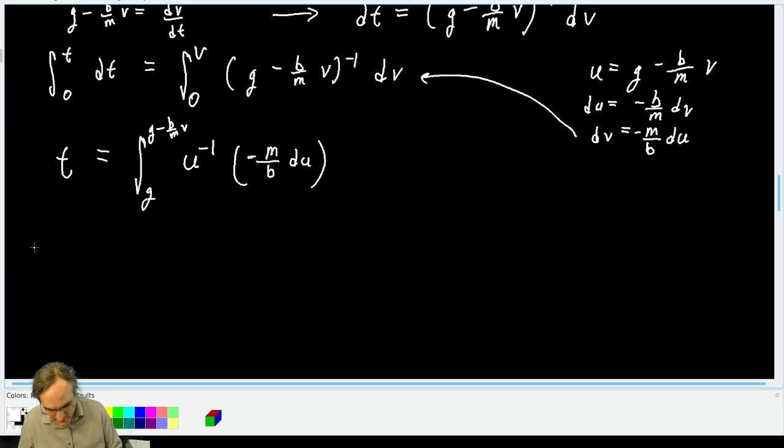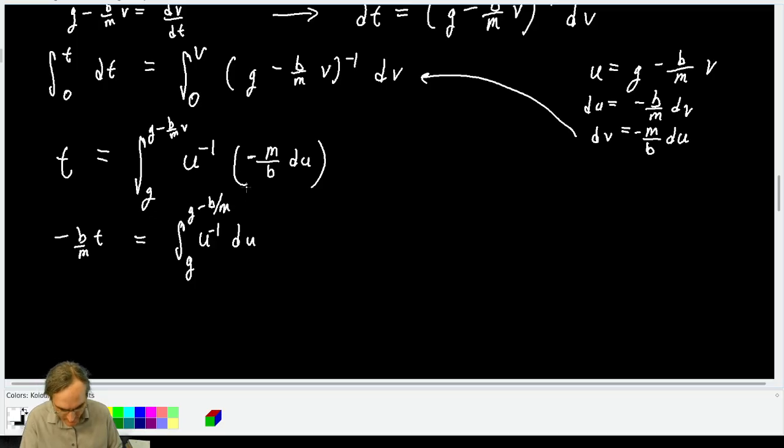Okay, so carrying on a bit, minus b over m and t. Yep, that's fine. And then over here, I've already moved this stuff off. We just have the integral of u to the minus 1 du from g to g minus b over m v. I'm going to write it as bv over m. It's just easier. All right, next step.